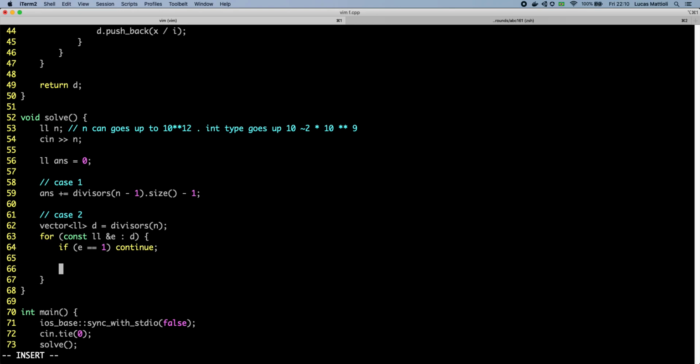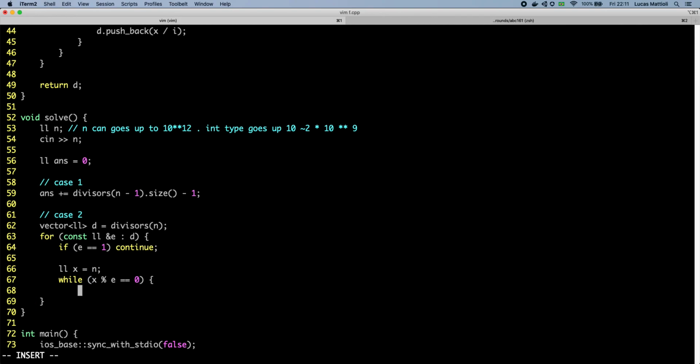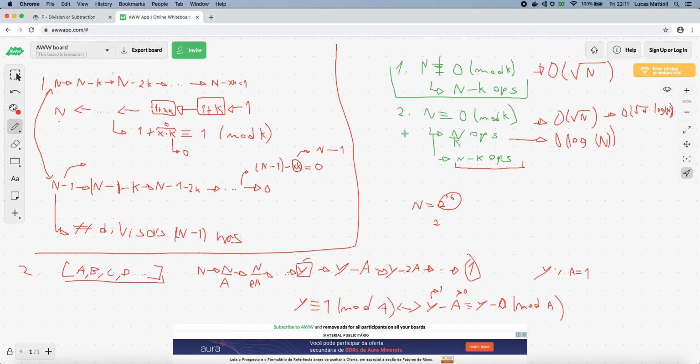So in this case, we just keep dividing the number n, where I made a copy just to not change the original value, by the current divisor, which is this step here.